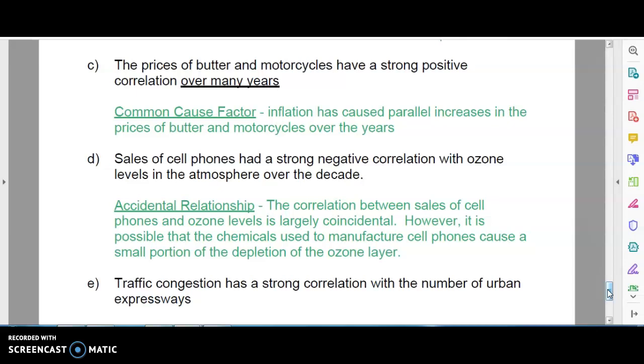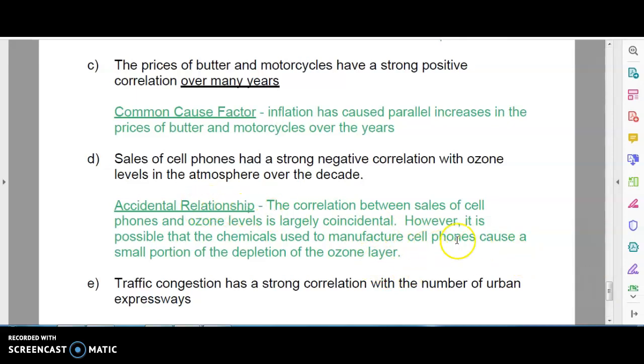So with some of these, you can make the argument that it could fall under more than one type of relationship. So as long as you're making a logical comparison and showing why you feel it's a certain type of relationship and your explanation is accurate, you can argue for more than one type of relationship. And that's what we're saying here.